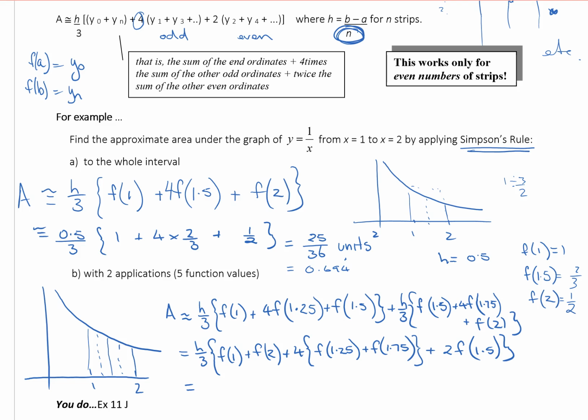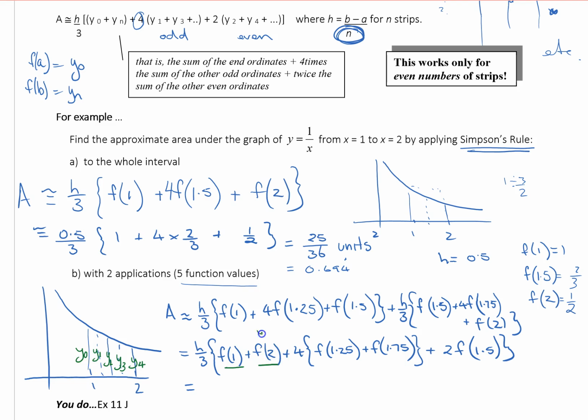For example 2, we're asked to get the area with 2 applications or 5 function values. So you could see they would be the equivalent to the function at 1 or y0, y1, y2, y3, and y4. 1, 2, 3, 4, 5 function values. We've got the 2 that are our limits, y0 or f of 1 and f at 2.